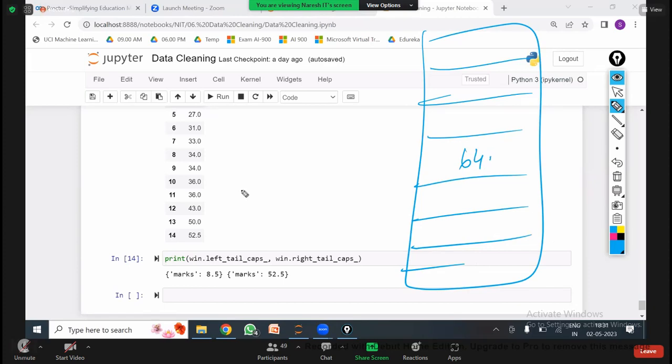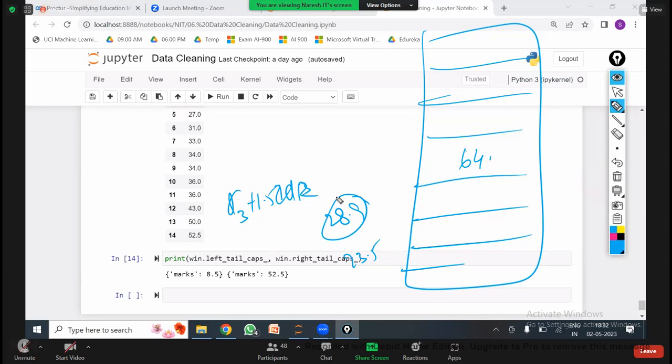If you calculate Q3 plus 1.5 into IQR, you are going to get the value 28.9. But your research says that it is 23.5. Now, with what value do you replace? If you replace with 23.5, you can measure accurate answers for the future data. If you replace with 28.9, you'll still get the answer, but not that much accuracy.